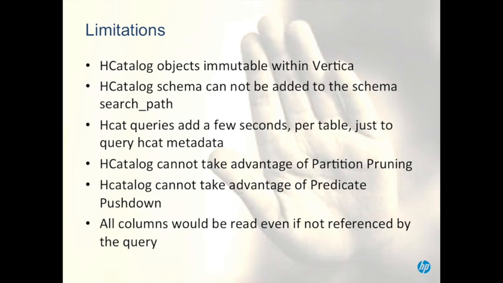Right. So building off what Kate's saying and trying to answer a couple of questions at the same time, as I mentioned, it's really like having an external schema. And as Kate mentioned, the external schema doesn't become part of your search path because we'd have to make a connection to Hive every time we did a query to see if those tables existed over there.